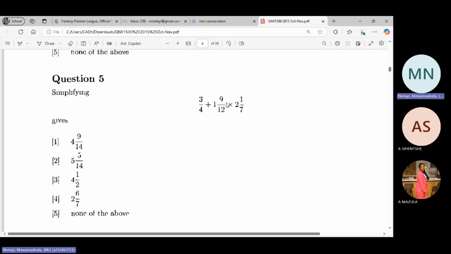So obviously it involves the conversion of these mixed fractions into improper fractions, and then you can apply your priority rules by starting at the multiplication and then adding your fractions.